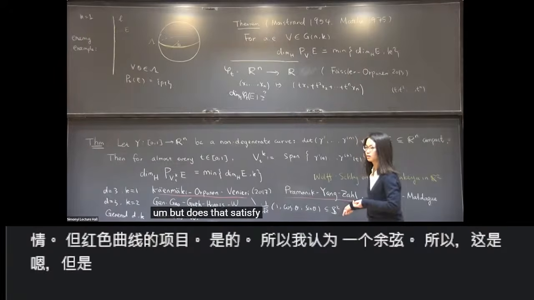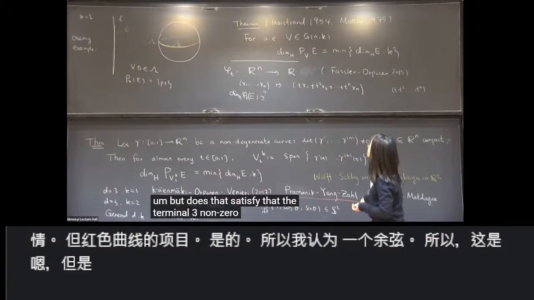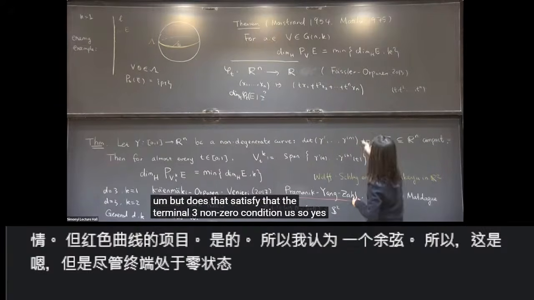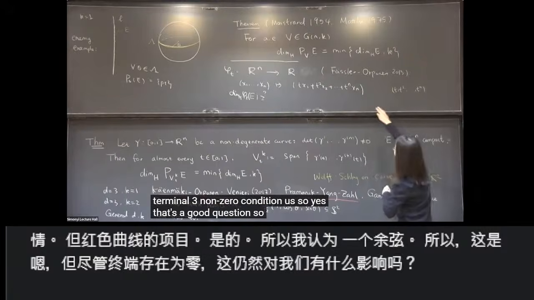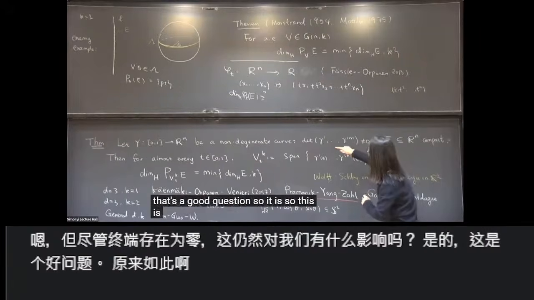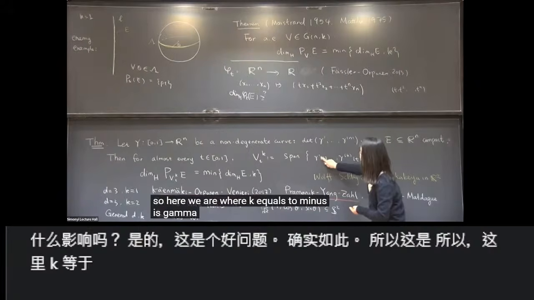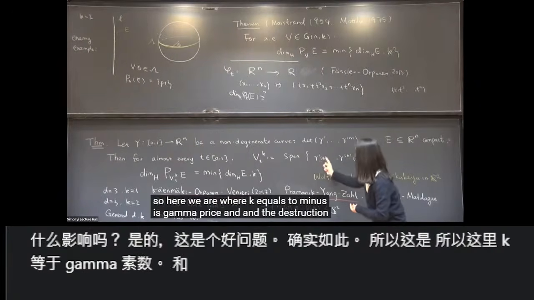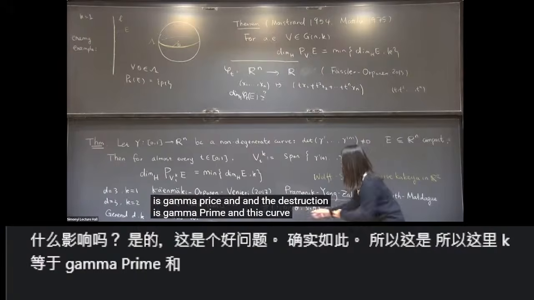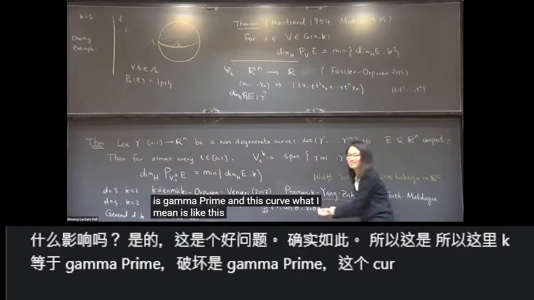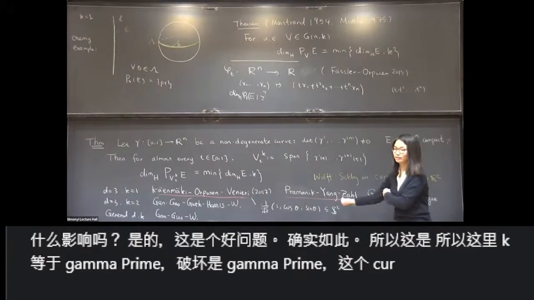But does that satisfy the determinant being non-zero condition? Yes, that's a good question. So here, when k equals 1, this is the span of gamma prime, and the direction is gamma prime. And this curve, what I mean is this gamma prime. So there is one derivative.